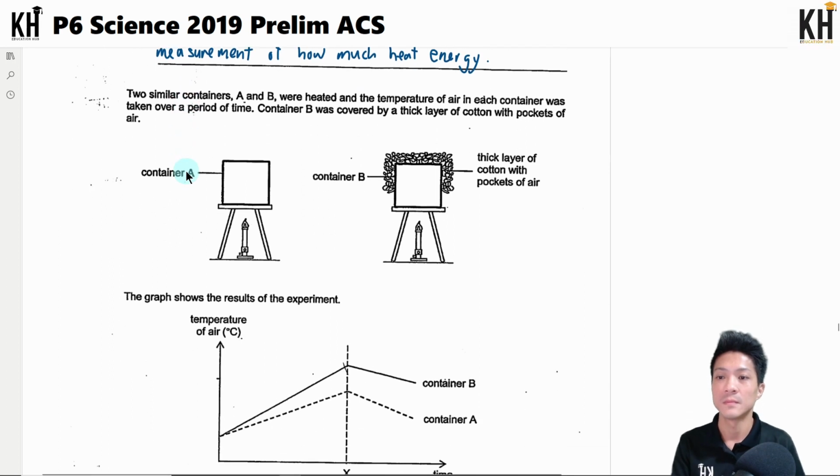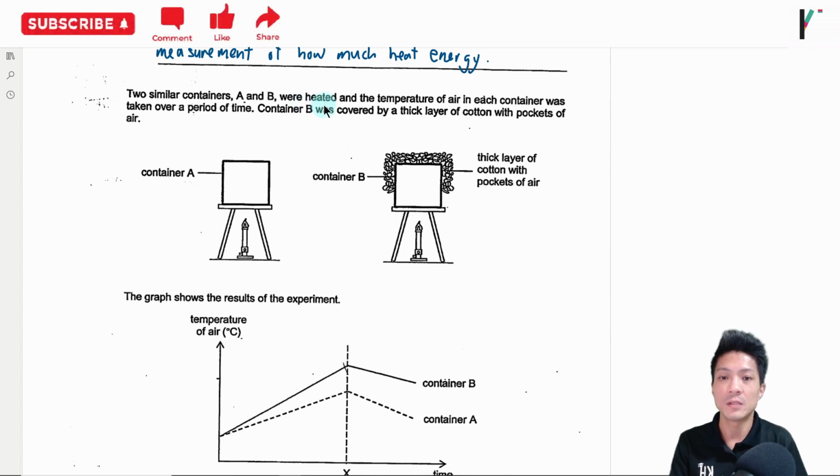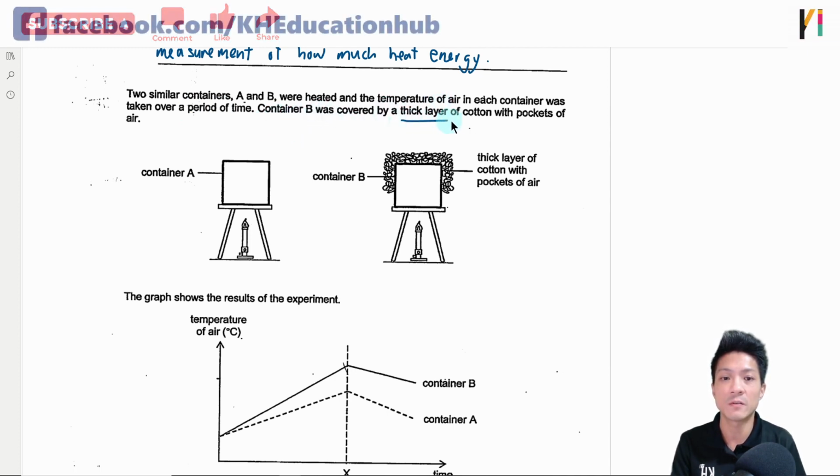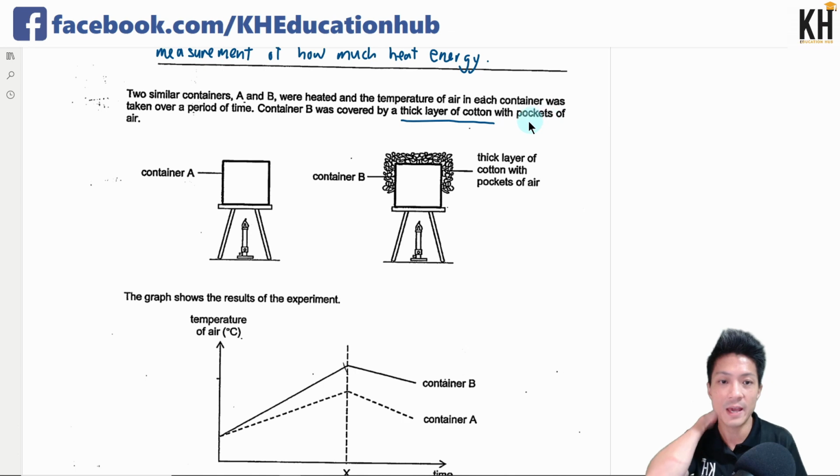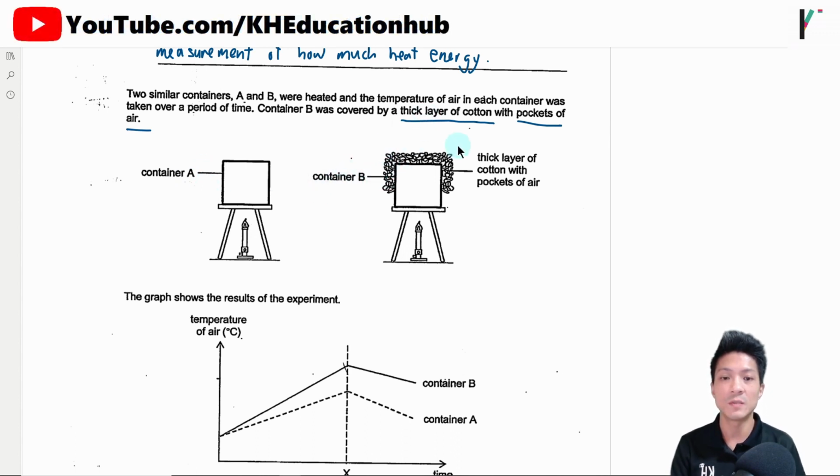Two similar containers A and B were heated and the temperature of air in each container was taken over a period of time. Container B was covered with a thick layer of cotton, with pockets of air. So we have container A, container B. The only difference is container B is covered with a thick layer of cotton with pockets of air.